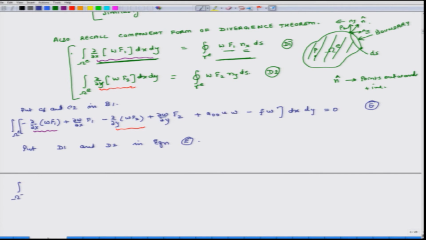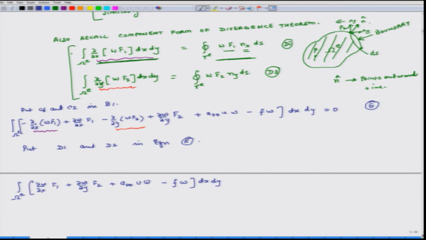So, first I will write the surface integral terms and then I will write the boundary integral terms. So, I have del w over del x times f1 plus del w over del y times f2 plus a00 u w minus f w, dx dy.